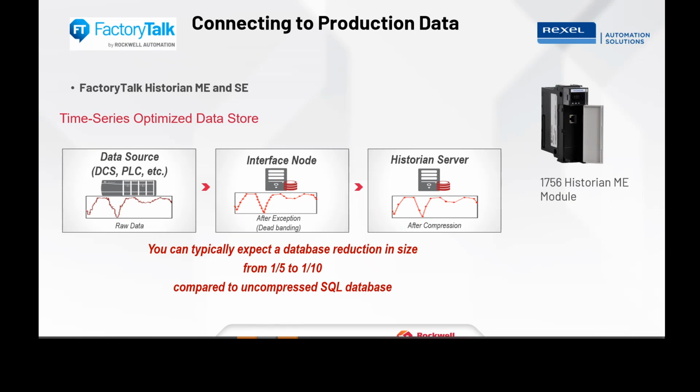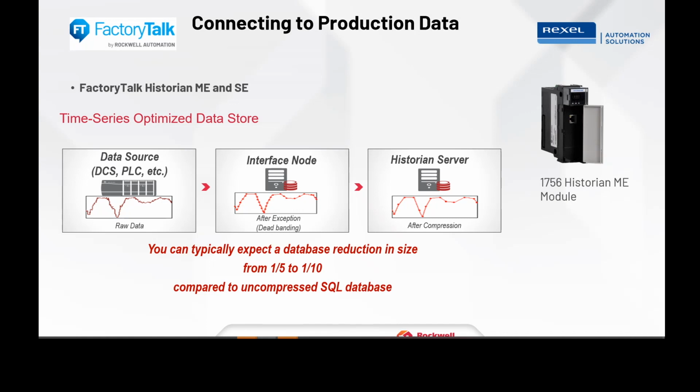We do that by introducing what we call exception and compression. You can see on the left here we have raw data, and then we can start to do some dead banding, and then finally compression. That allows us to compress the database a little bit.